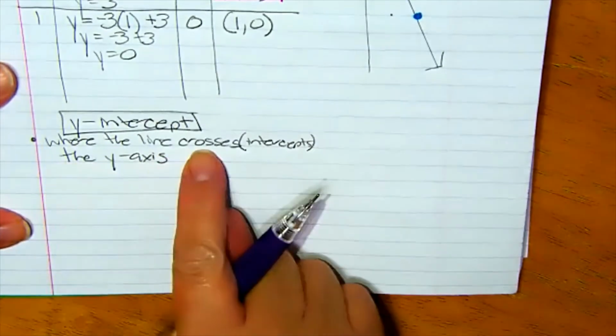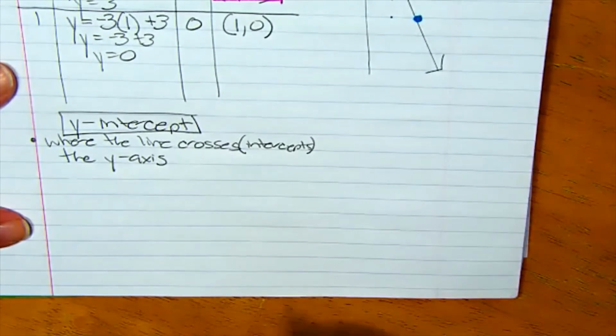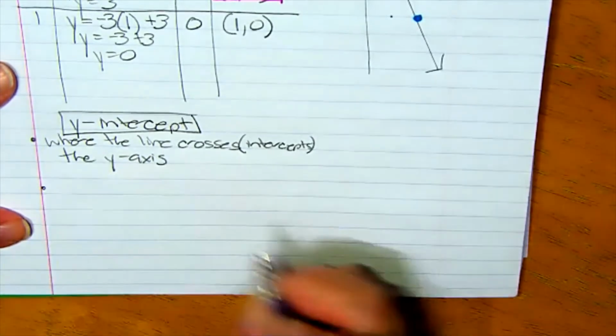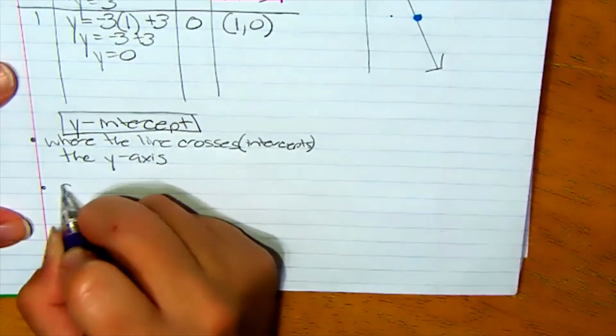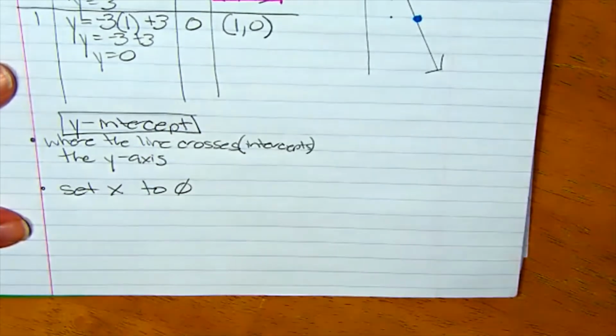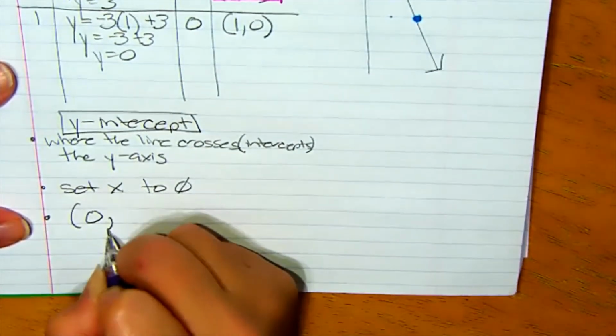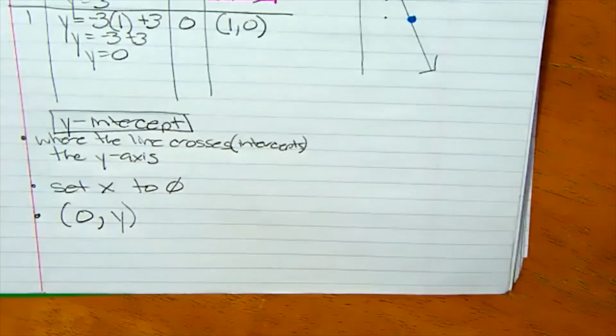To figure out the y-intercept, we set x to 0. And we will get the ordered pair 0, y.